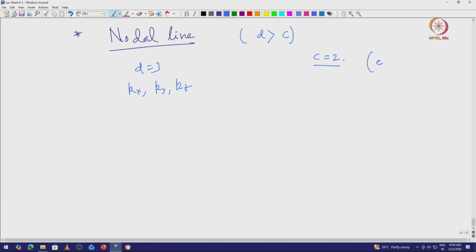So for example, let's set t2 to be 0. 0 means it's not even there in your Hamiltonian. Okay, maybe not present is the better word.